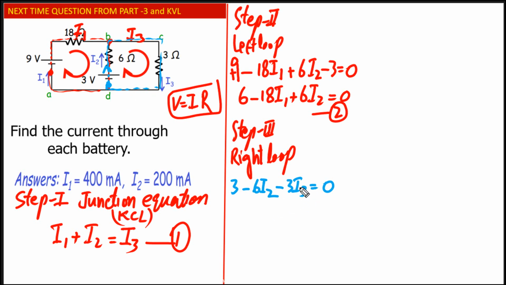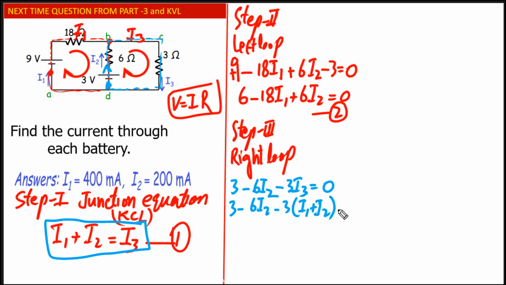Now as we can see here is I3, but we need to find only I1 and I2. So we can replace I3 with I1 and I2. So we can simply write down this is 6I2 minus 3 times I3, and I3 we can replace, as you can see here, with I1 plus I2. So I can say this is 6I2 minus 3 times I1 plus I2, and this is equal to 0.